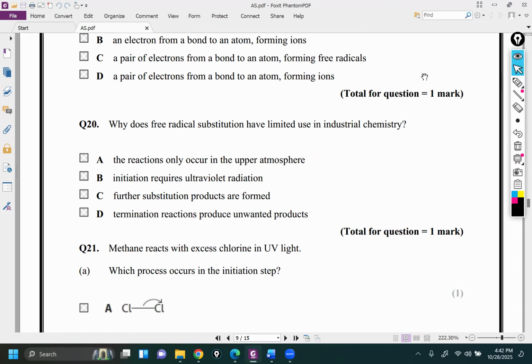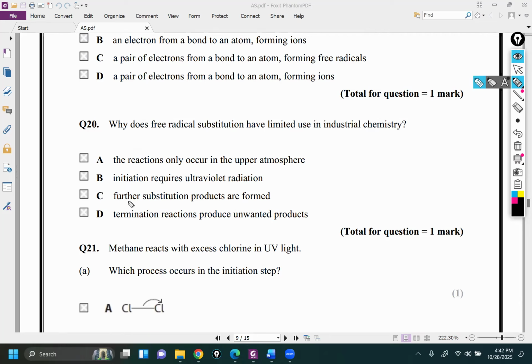Question number 20. Why does free radical substitution have limited use in industrial chemistry? The options are: the reactions only occur in the upper atmosphere; the initiation requires ultraviolet radiation, this is the condition required for that; further substitution products are formed and termination reactions produce unwanted products.